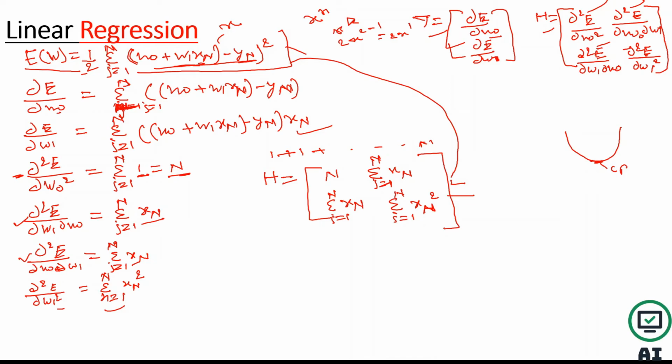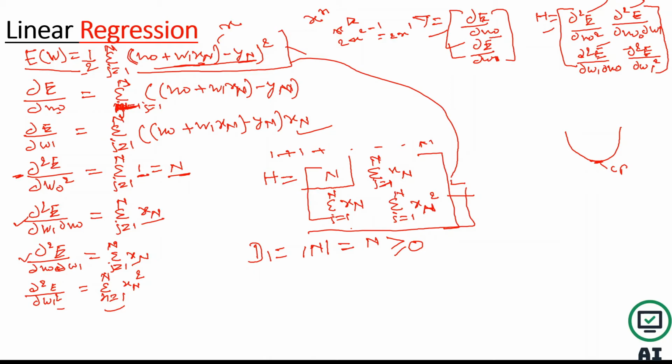This error function is convex. The first leading principal minor is this one, and the second leading principal minor is the matrix itself. If you take the determinant D1 of the first leading principal minor, the determinant of n is nothing but n itself, which is greater than 0.